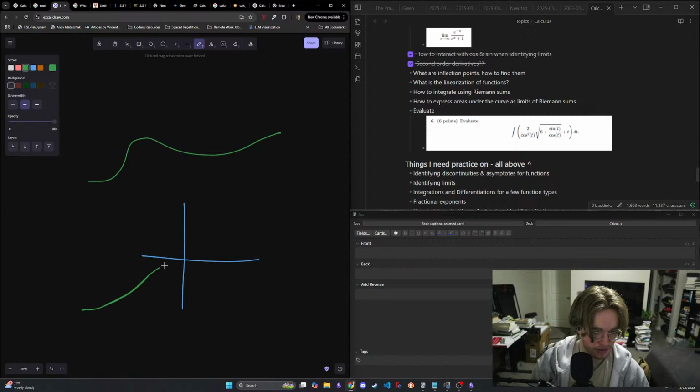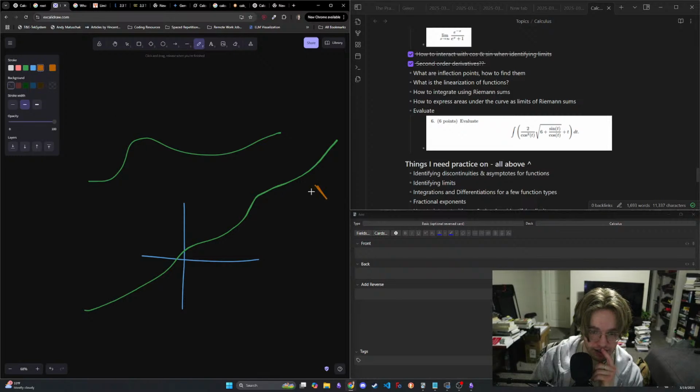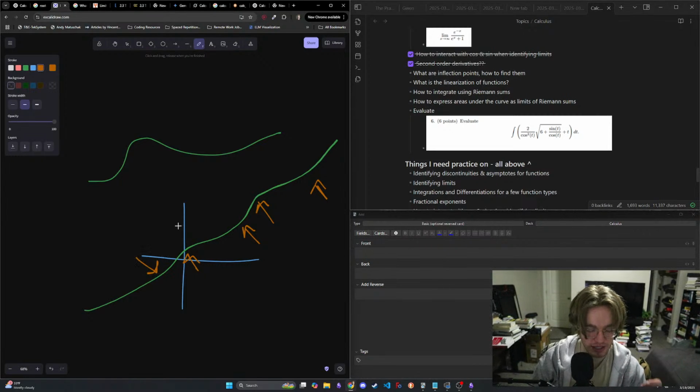It's clear, and these wiggles are intended, that this function has inflection points, because at this spot, and this spot, and this spot, we're going from convex to concave, right?